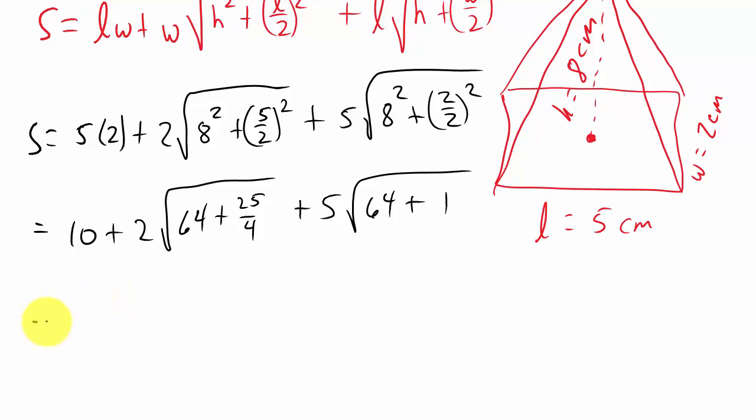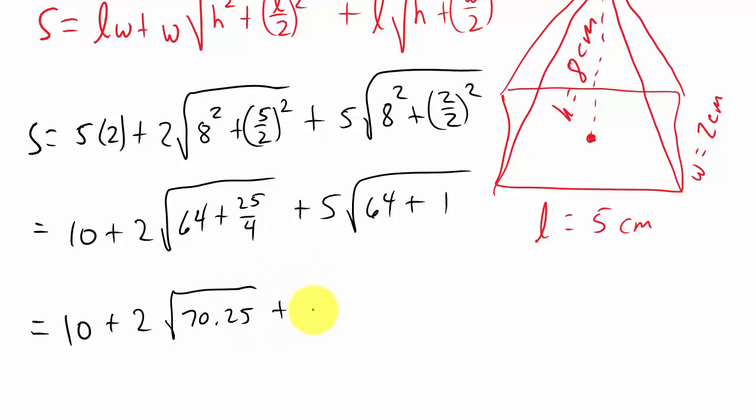I know this is quite a bit to put in your calculator. 64 plus 25 divided by 4 is 70.25.